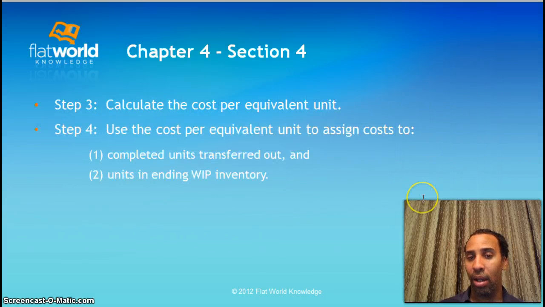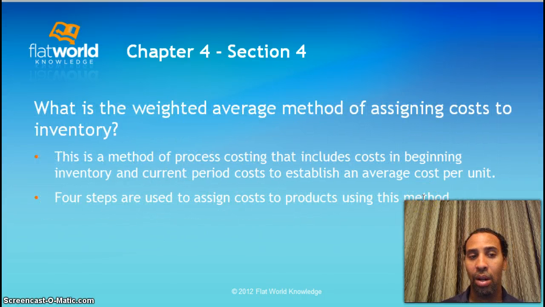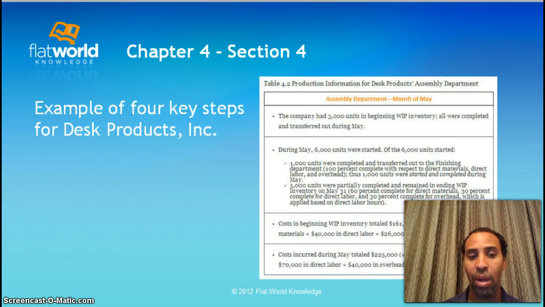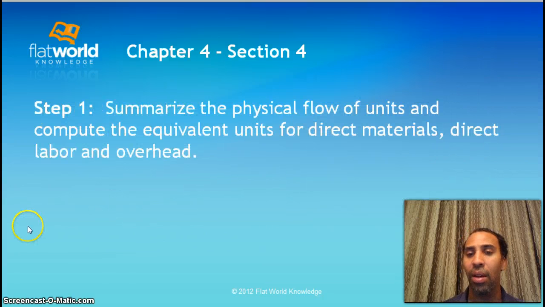So when we go back up to here, oops, I think I went the wrong way, right? But now we're back. So when we go back to here, you see that we have our 5,000 units that were partially completed, and we have our percentages, 60, 30, 30, all right?